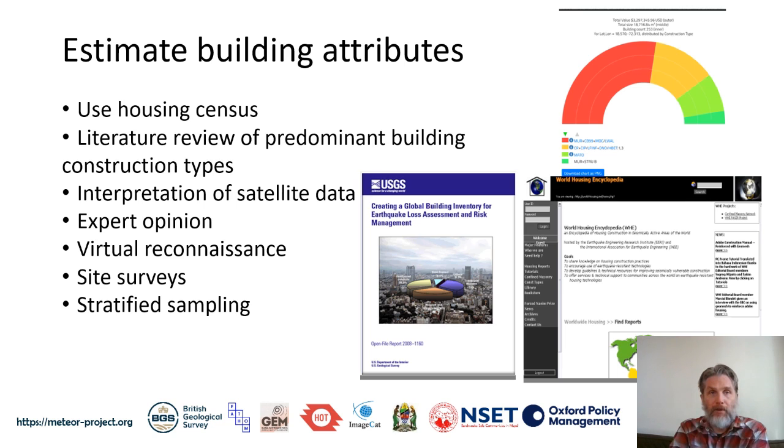Next, estimate building attributes. These are the type of attributes that are on the legend here in the GEM application in the upper right. These map directly to vulnerability. It's generally good to use essentially a statistical or mapping scheme approach, because you're not dealing with an inventory here, you don't have information about every building.